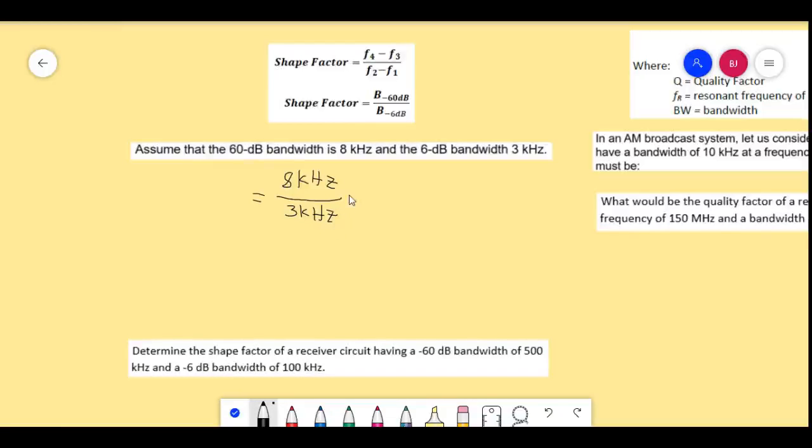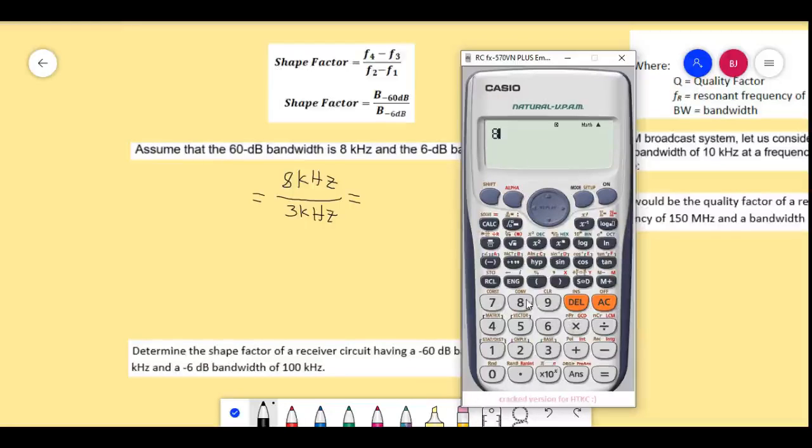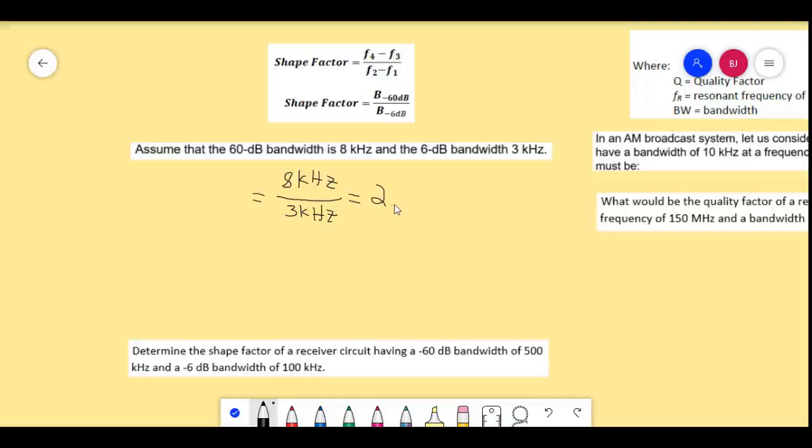As mentioned several times already, because the two values are in kilo, we could actually divide them as is, 8 divided by 3, and then we get around 2.67. Please remember that the shape factor is unitless. As we mentioned through the lecture, the closer it is to 1, the better the shape factor is.